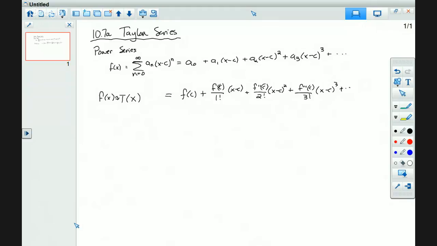Now, can you write the Taylor polynomial as a Taylor series? I wrote, okay, so x minus c to the n to be the same, right? What are these going to become?